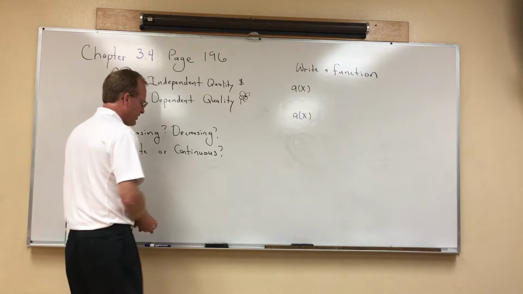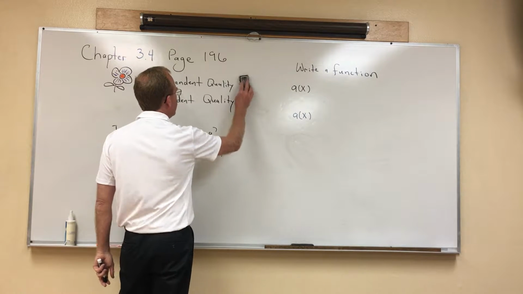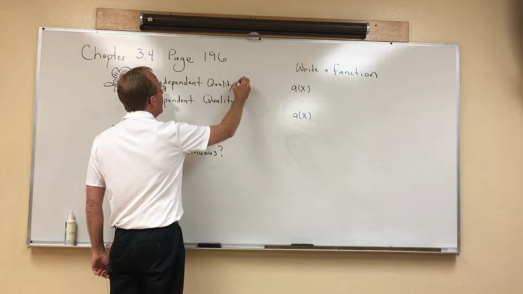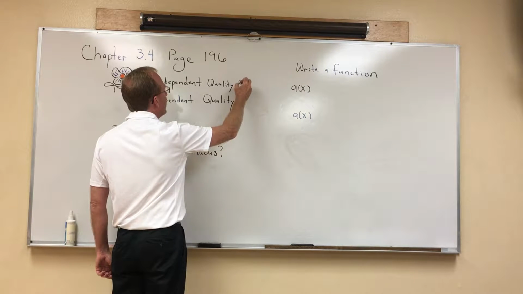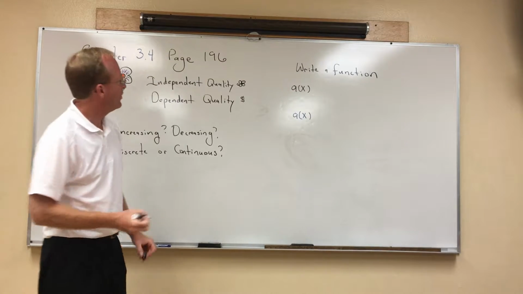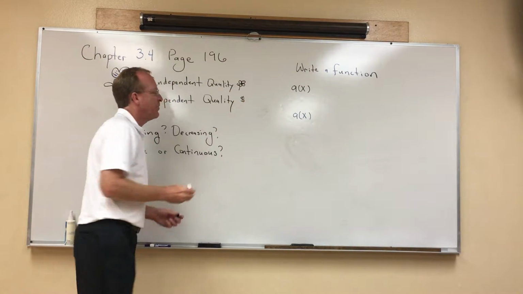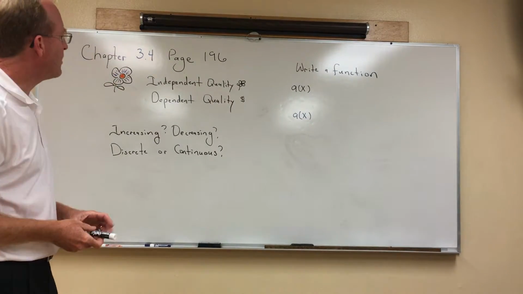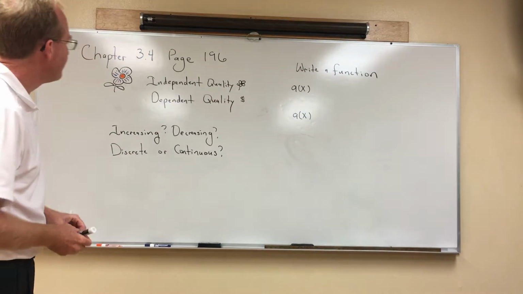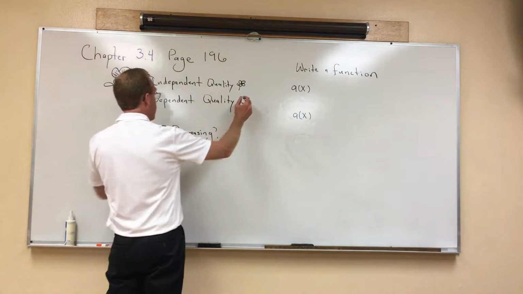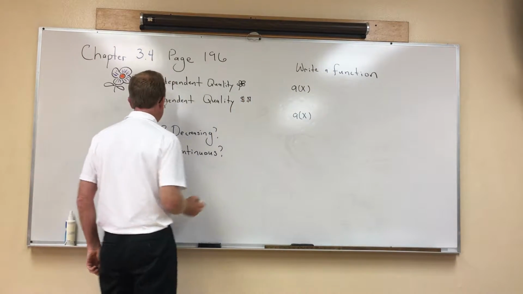Well, no, actually, it's the other way around. Now we're thinking about it. The flowers are independent, and the amount of money you make is dependent on how many flowers you sell. Okay? All right, so your independent quantity, your flowers, your dependent quantity, your cash.